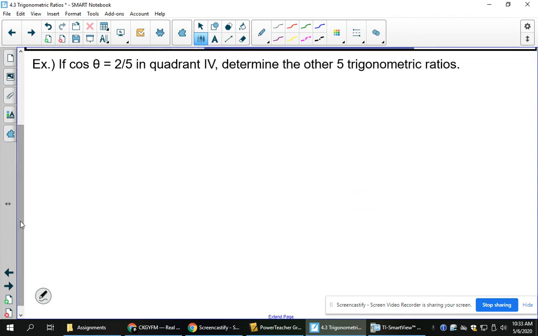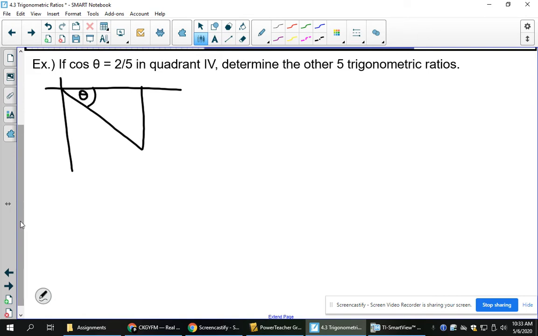All right. They're giving us a trigonometric ratio in this question. Cosine theta is 2 over 5 in quadrant 4. Determine the other 5 trigonometric ratios. Start with a picture, like always. I'm going to draw quadrant 4. I'm going to put my terminal arm in, and I'm going to connect a line back to the x-axis so I can see my triangle.